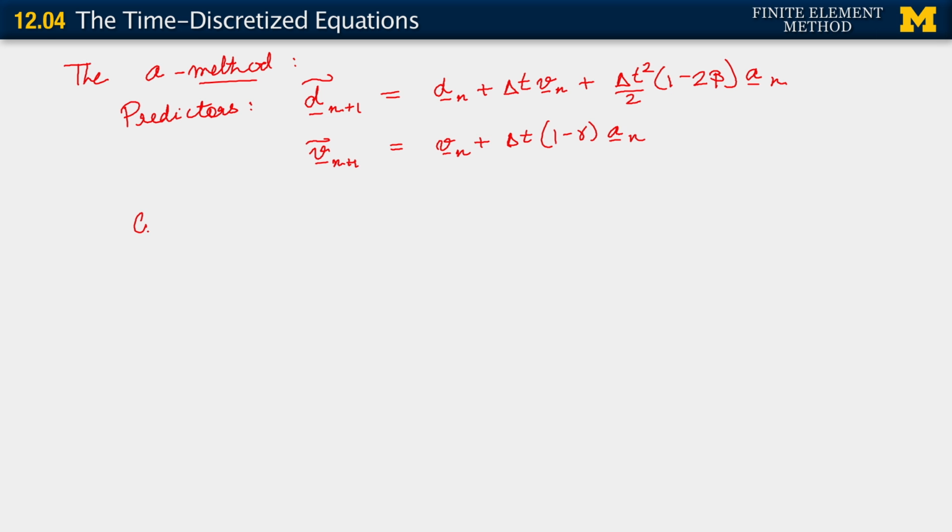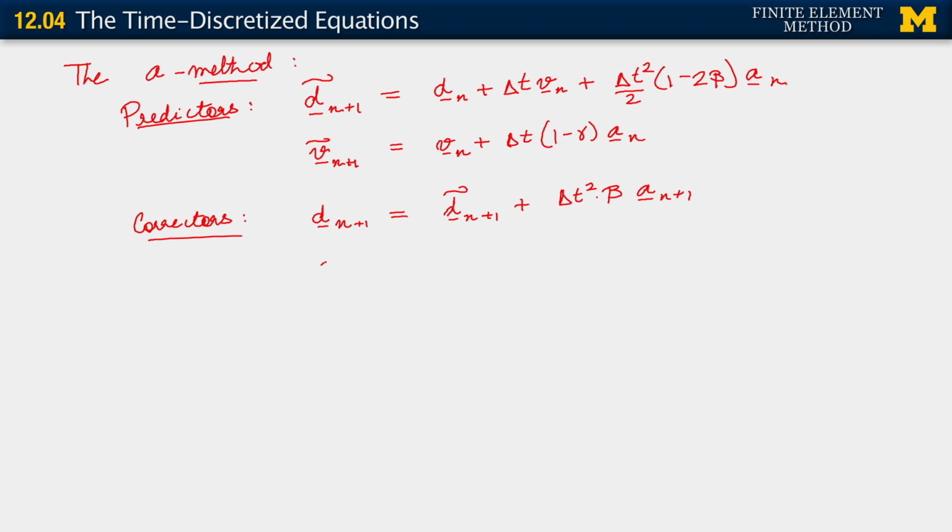Those are predictors, and the correctors are the following, right? The correctors are obtained by simply writing d n plus 1 equals predictor plus corrector. Now, the corrector for d n plus 1 is delta t square beta a n plus 1.